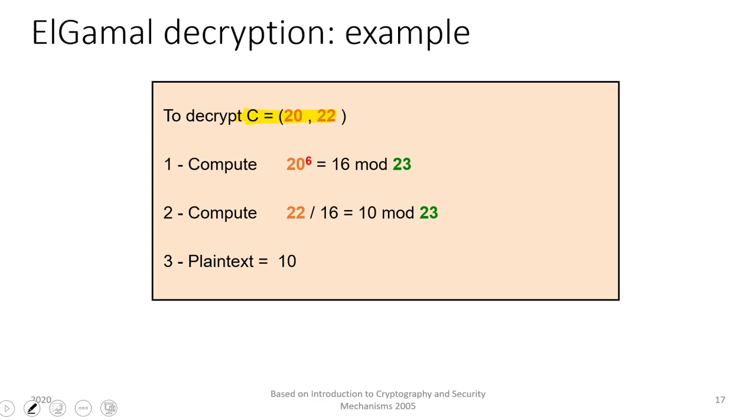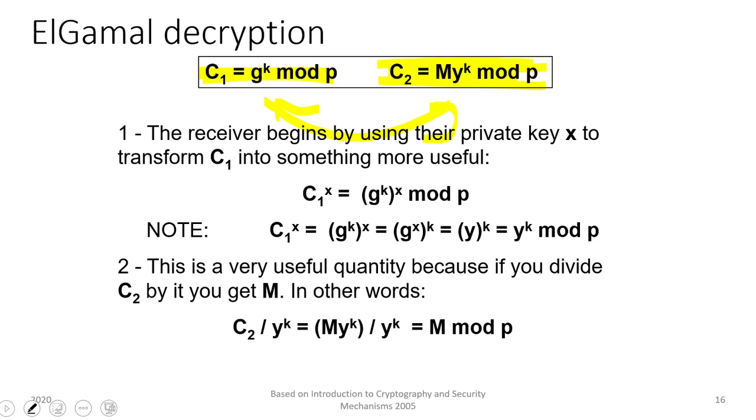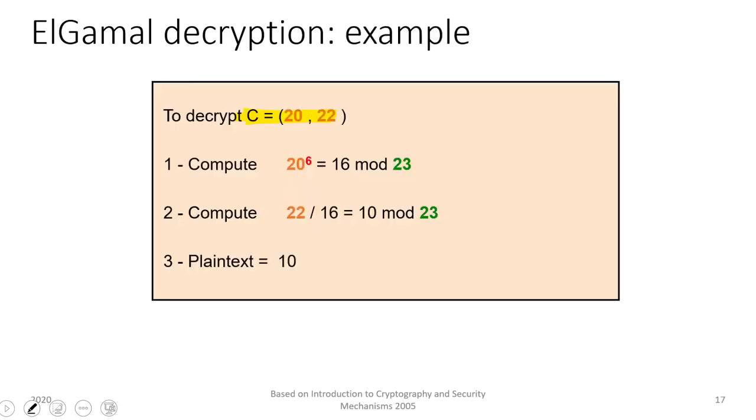Then we can do these two computations: C1 to the power x, that is the first one, and C2 divided by yk, that is the second one. If we put that into those two equations, we can come back to the plaintext as 10. So that is what we were trying to compute there.